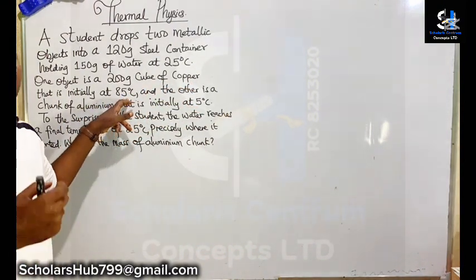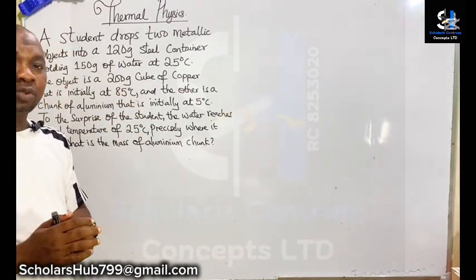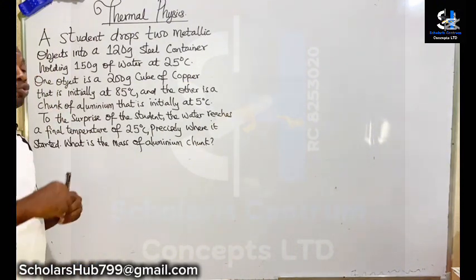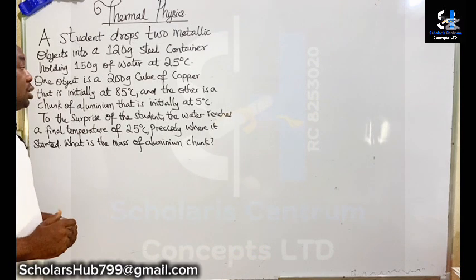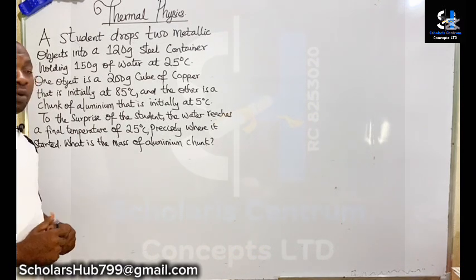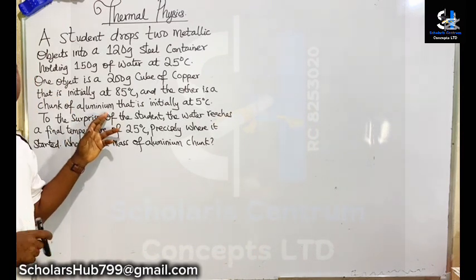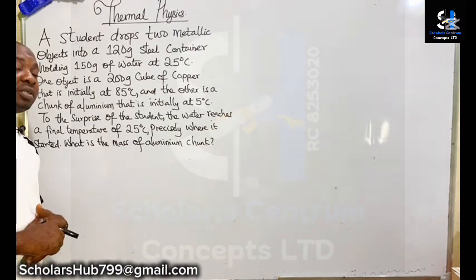So the copper is at a temperature of 85 degrees Celsius. That means it is hot before it is dropped into the steel container holding 150 grams of water at 25 degrees Celsius. And the other is a chunk of aluminum that is initially at 5 degrees Celsius.